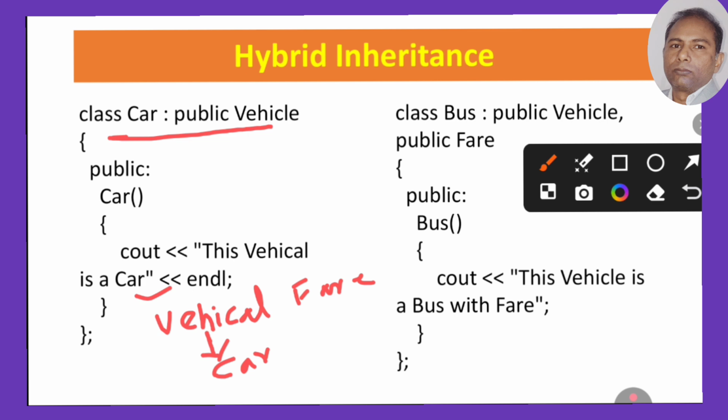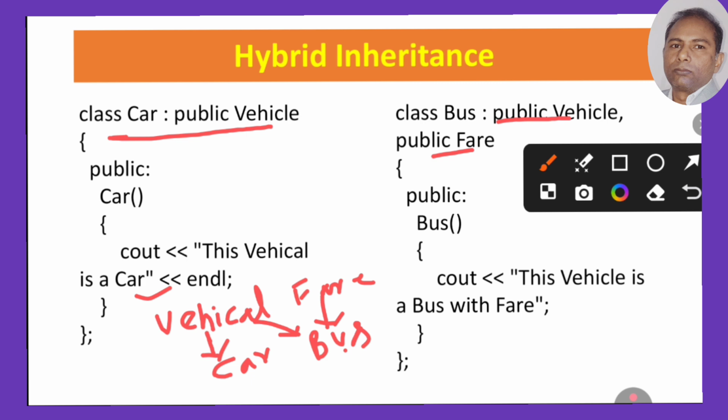This bus class is derived from the vehicle and fare classes. When we call this bus class, we will have the output: this vehicle is a bus with fare. So here this bus class is having two parents.